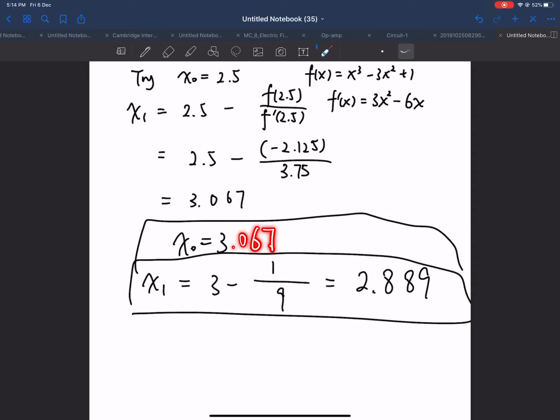Because this one is already outside the interval. So why not choose 3? That's closer to the solution. So the first answer is invalid and you cross it out. So we crossed out our working for nothing? At least you know the solution is close to 3, not close to 2.